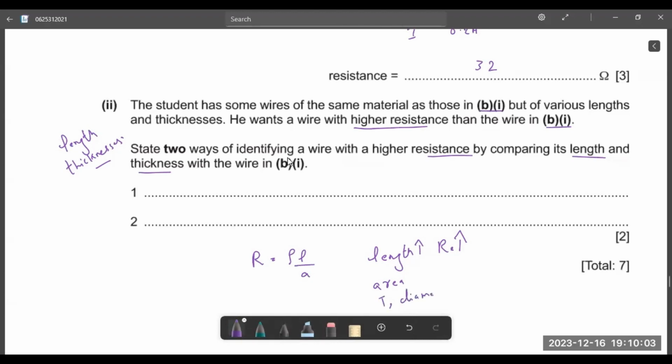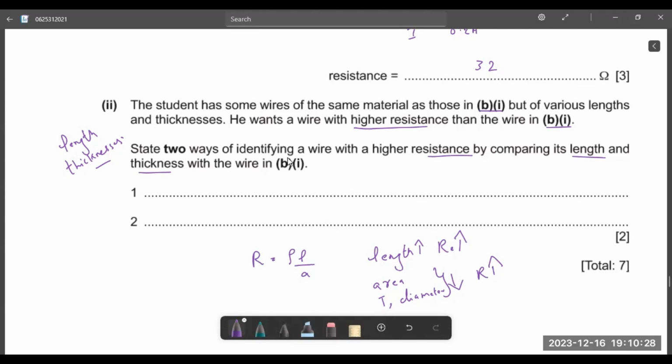As diameter increases, thickness increases and its area increases. So if area, that means thickness or diameter, is decreasing, resistance will increase. So if we want a higher resistance wire, we need to increase the length and decrease the diameter or thickness or area.